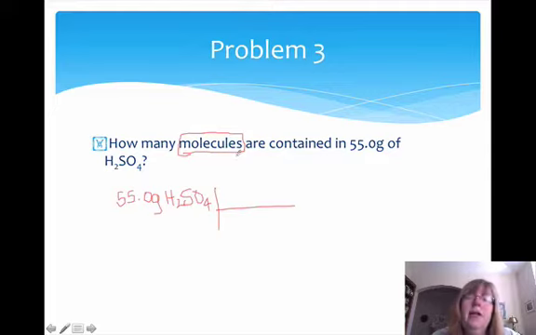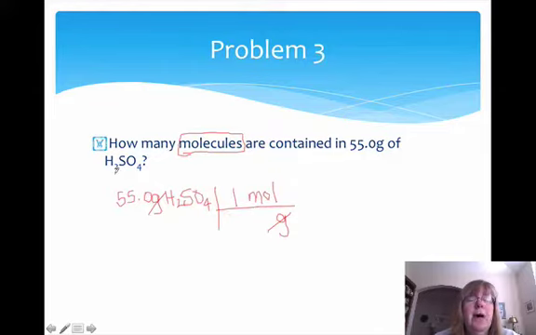There's no way to go directly from grams to molecules, but we can go from grams to moles using molar mass. So we're going to put the grams down here so they cancel, and we're going to go to mole first. Can't quite get to molecules in one step here.